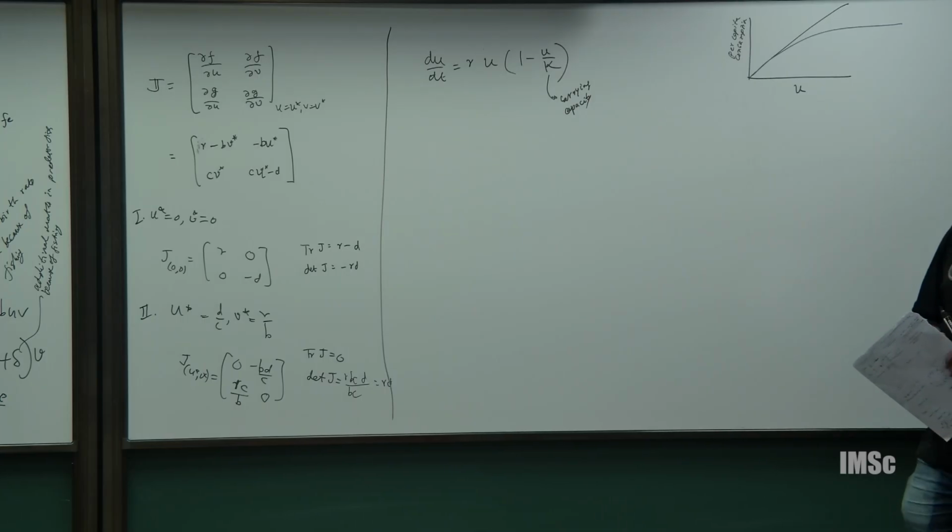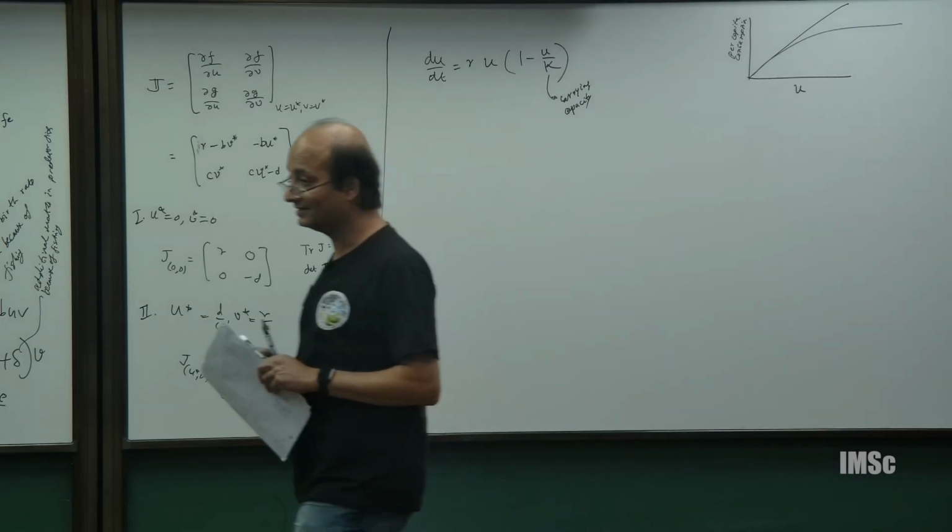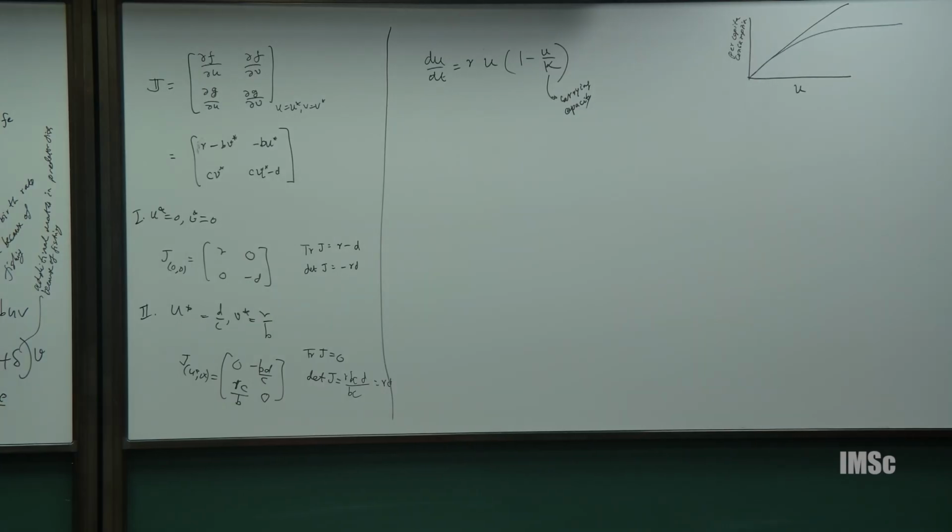V is the mass, right? It's not one fish, it is the population, and I am saying this is per capita, so now I will be multiplying that with V in order to get the total consumption.